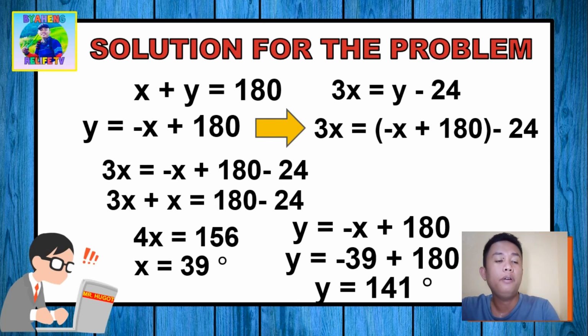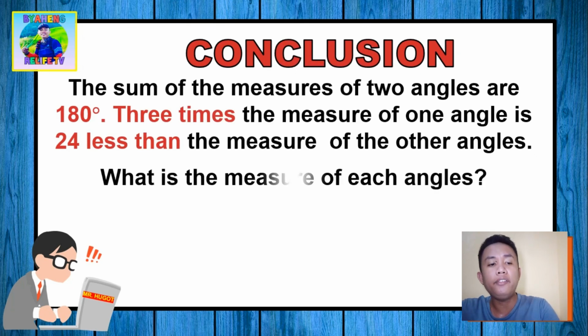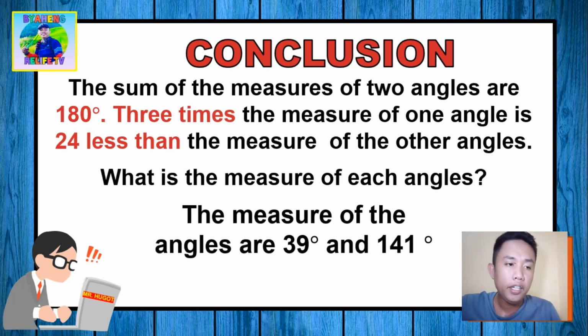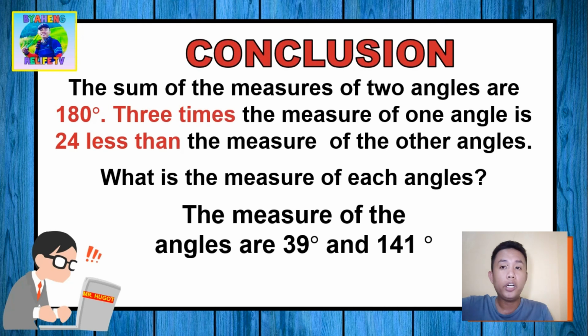Okay? Now, syempre conclusion tayo. Out of the given statement, the measure of the angles are 39 degrees and 141 degrees. So guys, yun po ang ating problem for today. That is our motion problem and our geometric relation problem.